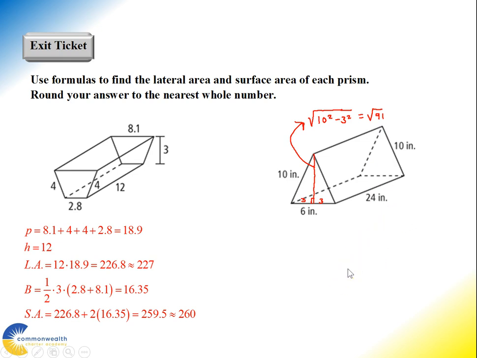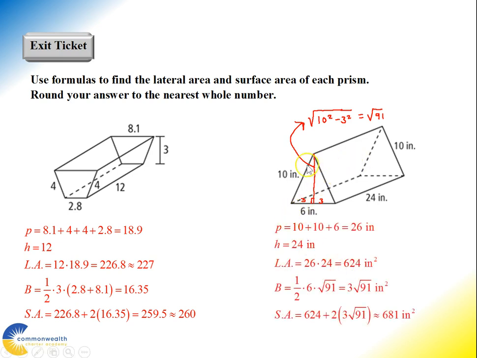So now when I start doing the components I need to get the lateral area and surface area, the perimeter, well, I have that. 10, 10, and 6 together is 26 inches. The height of the prism is 24 inches. So when I do the lateral area, the perimeter of the base times the height, I get 624 square inches.